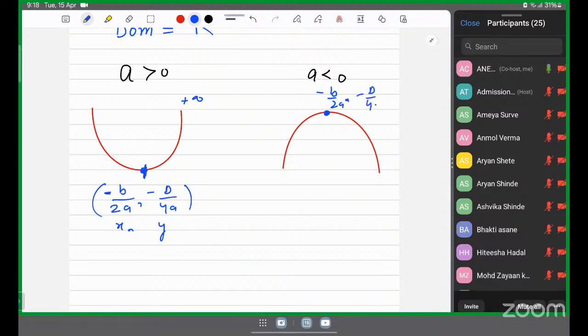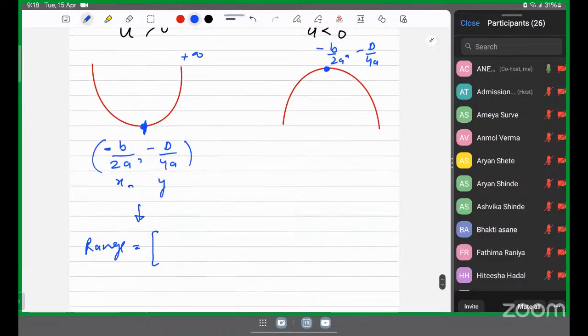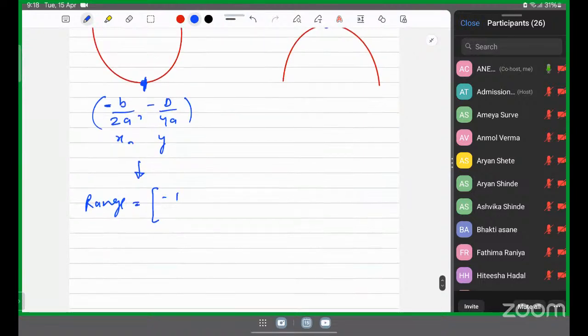So if you are looking for the range in this case, the minimum possible value which can be attained is minus d by 4a. Remember, range is given on the y-axis and domain is given on the x-axis, so we take the y coordinate for the range. The range will be from minus d by 4a and it will extend to infinity.